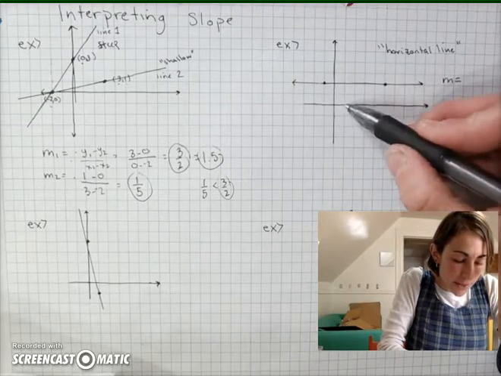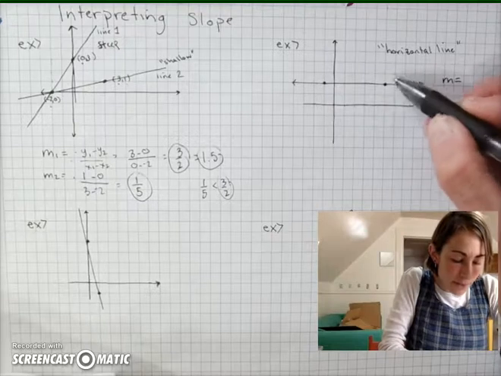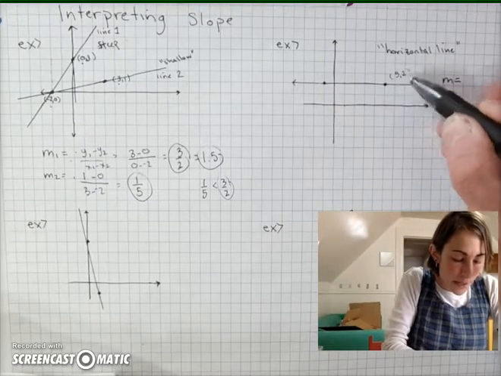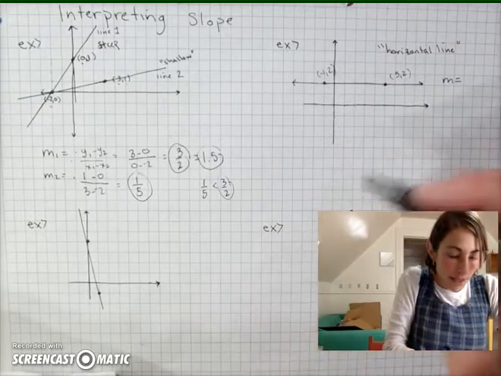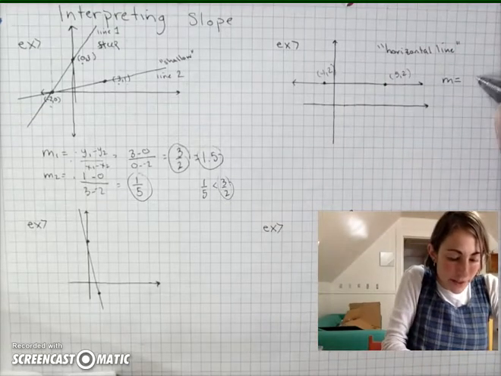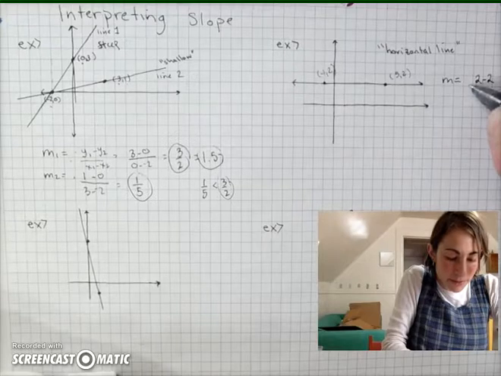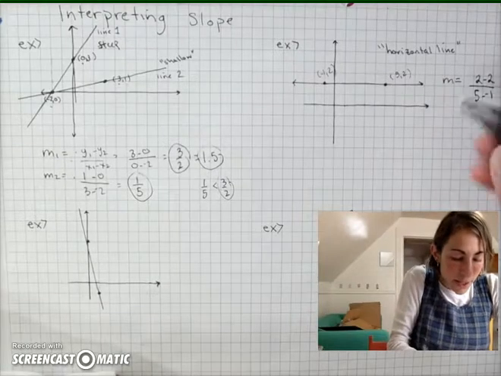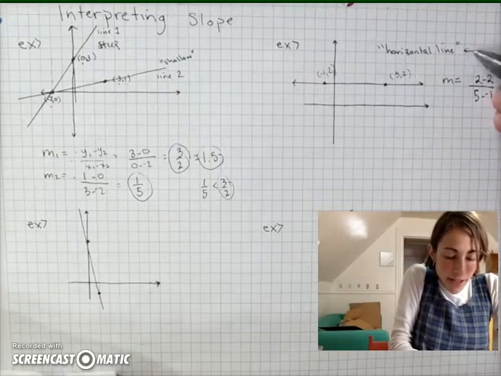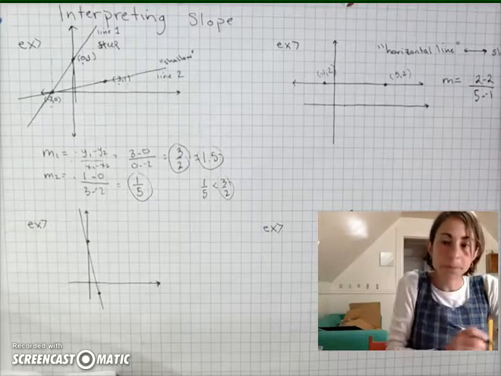We can take 2 points, 5, 2 and -1, 2, for example. The change in the y values will be 2 minus 2, and the change in the x values will be 5 minus -1. So this gives us 0, which tells us that a horizontal line is the same as having slope equal to 0.